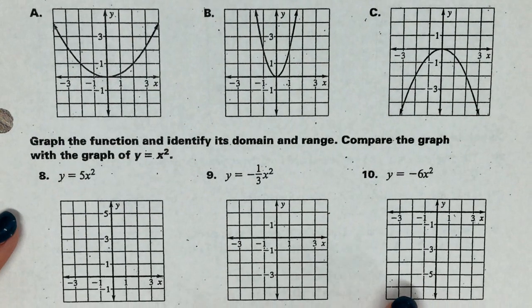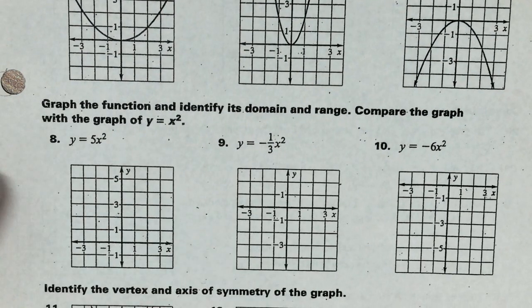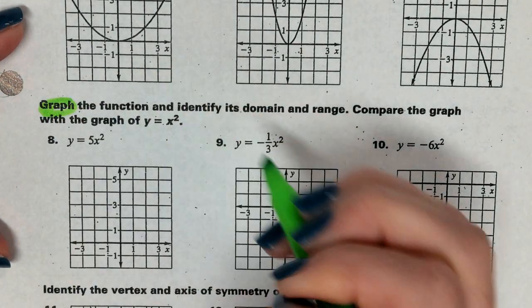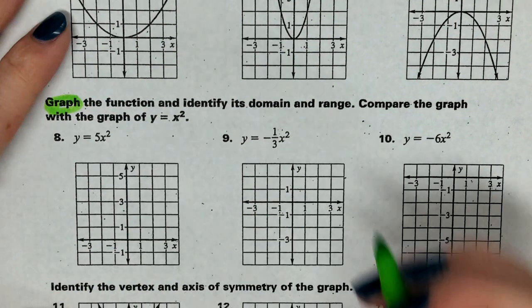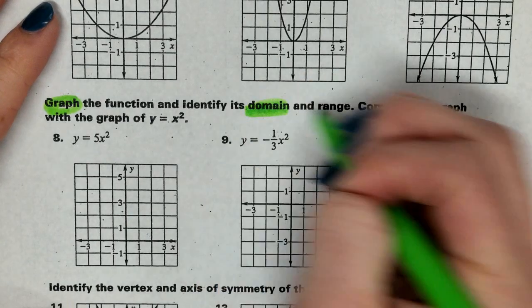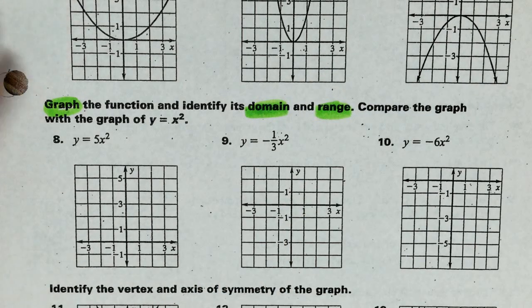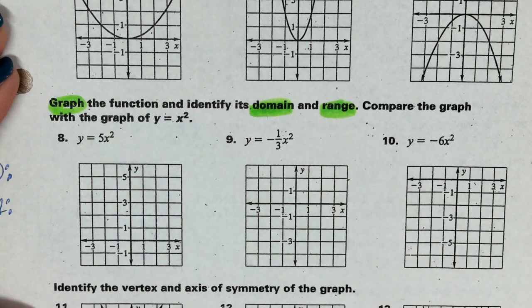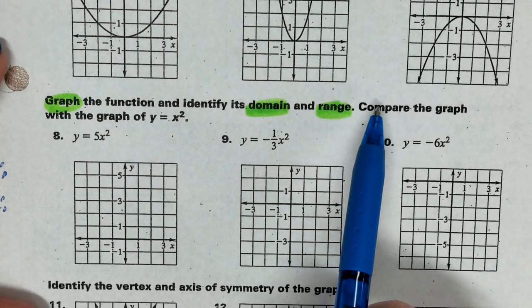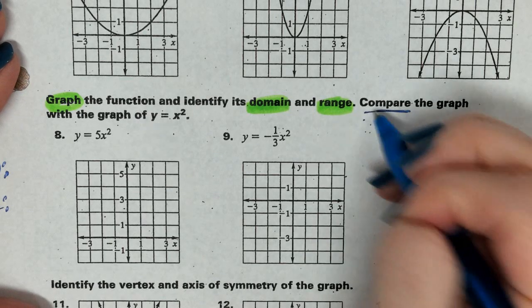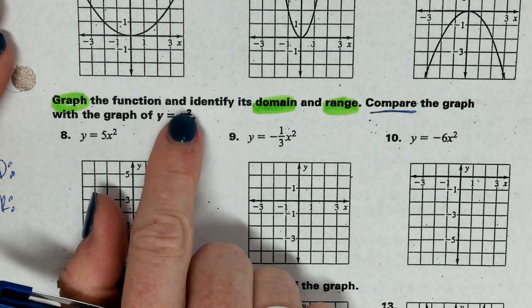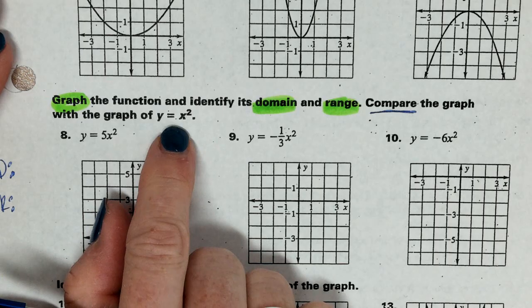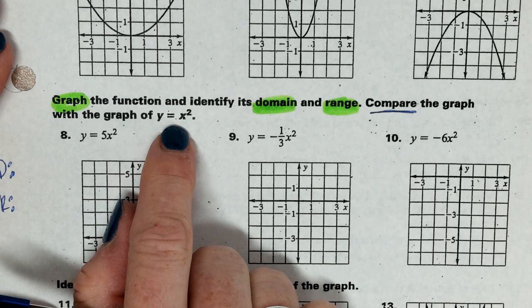On 8 through 10, it gives you multiple directions, so you have to answer every part. The first thing it wants you to do is graph the function. What's the next thing it wants you to do? Identify the domain and range. So out here you should have D for domain, R for range. The next thing it wants you to do is compare the graph with the parent function. Now I'm not going to make you graph both of them, but compare it.